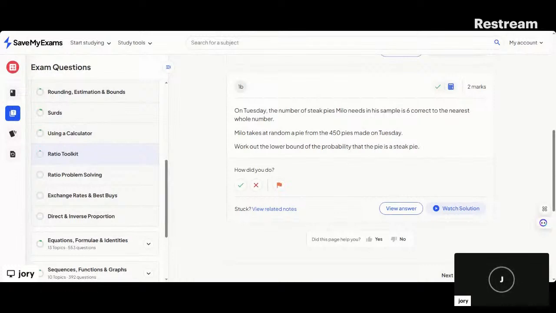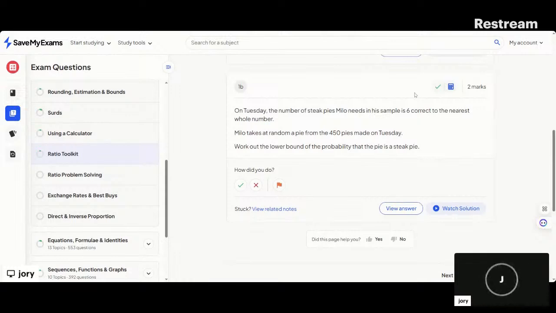Okay, so 6 out of 15 times 450. There's 180 steak pies. So it's 180 out of 450, right? Is that it? It's correct to the nearest whole number, so you want the lower bound. 5.5.